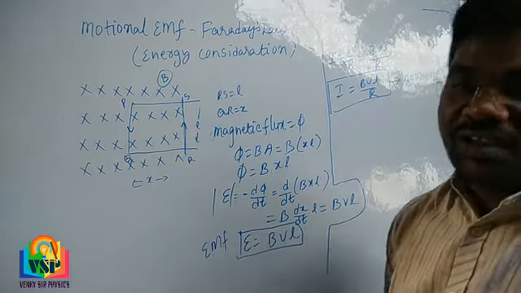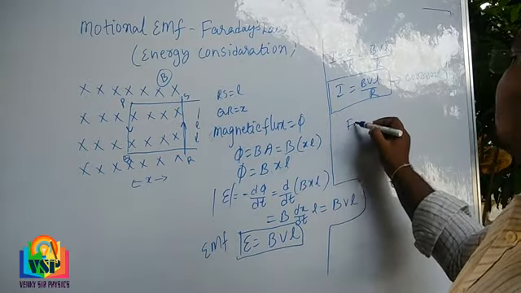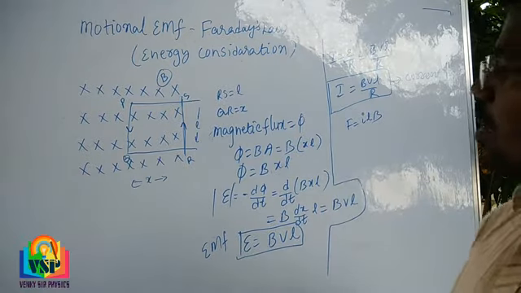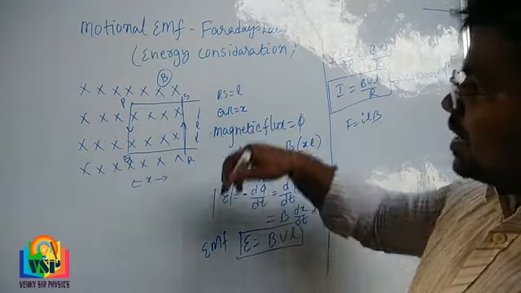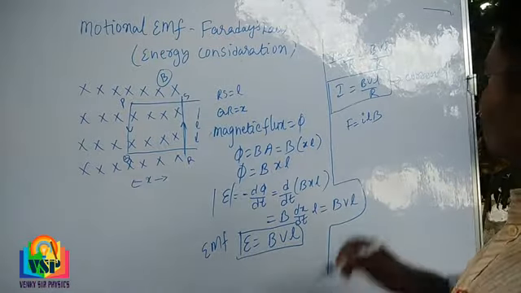We can find force also. We know that force is equal to ILB, the force acting on the metallic rod inside the magnetic field, from the previous chapter.